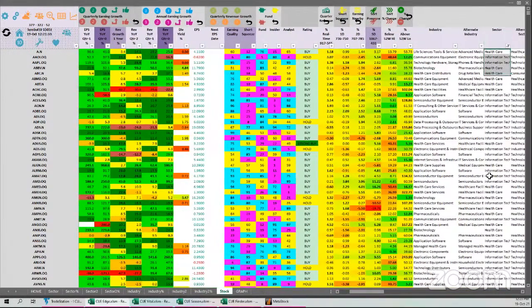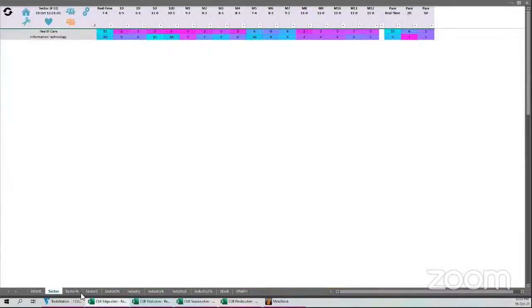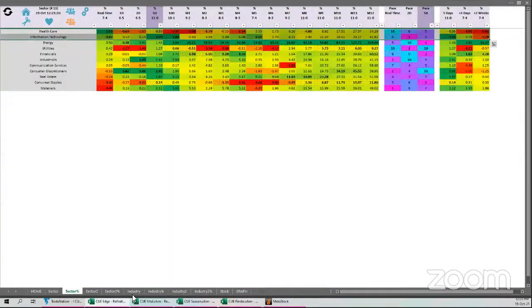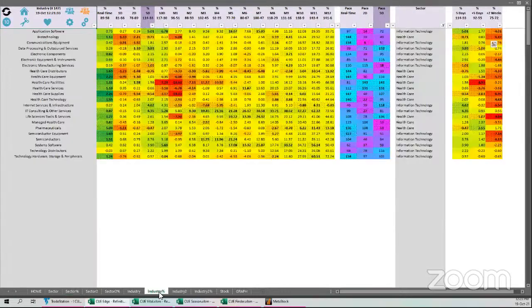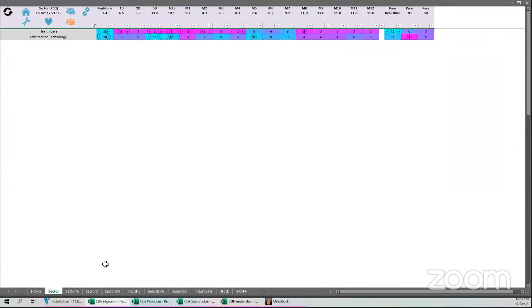If you see healthcare, infotech, only stocks of those 2 sectors. So when I drill down, it may take me to the next step. That's good. From sector percentage, it took me to industry percentage, showed me only industries of those 2 sectors, but it is also showing me smart filter data in all other tabs.